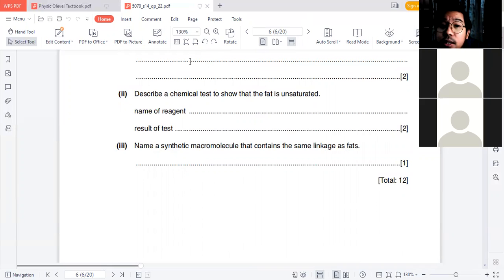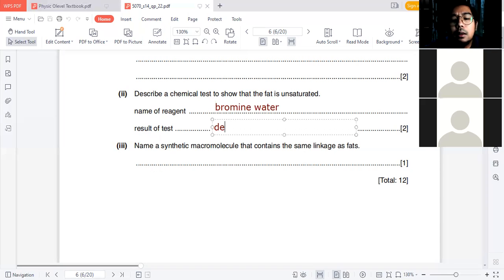The presence of C double bond C, that would be bromine water. So it is bromine water. The test result is that it will decolorize. Okay, so it's good.